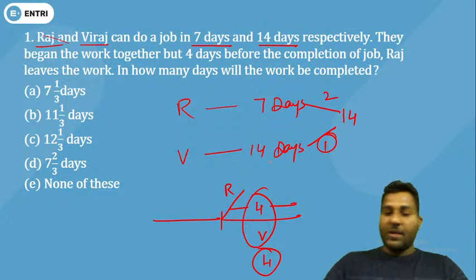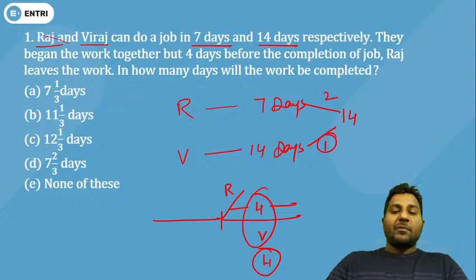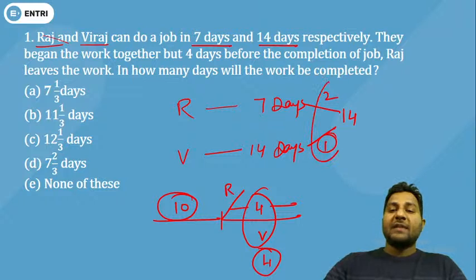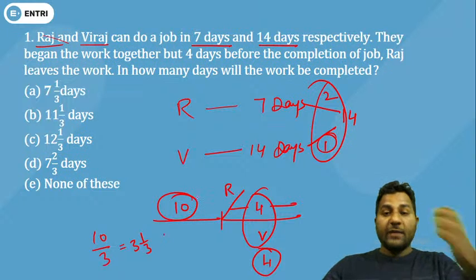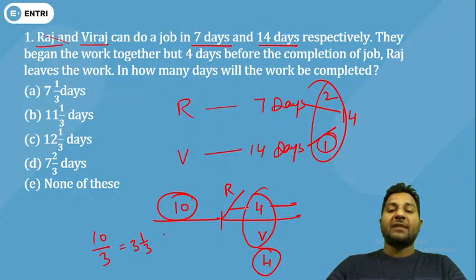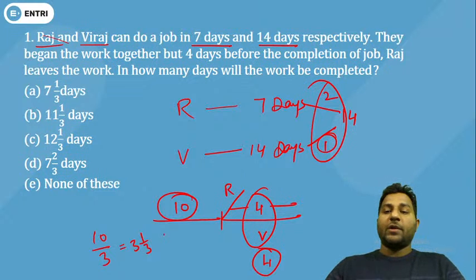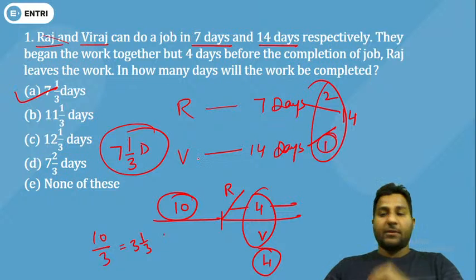So that means the remaining 10 work must have been done by both Viraj and Raj. 10 work will be completed by 3 efficiency, which means 3 whole 1 by 3 days for the first 10 work, and for the last 4 work it took only 4 days. So the total work will be completed in 7 whole 1 by 3 days. That means option A will be correct.